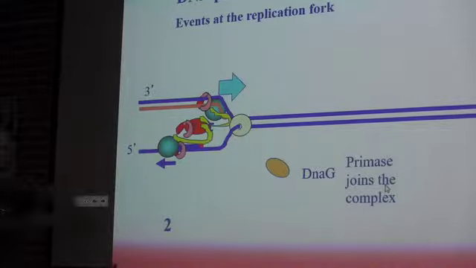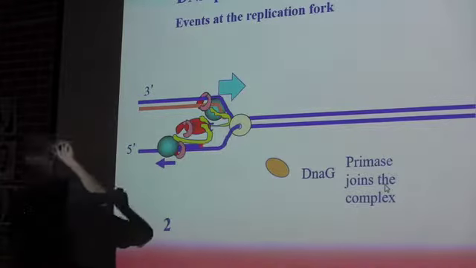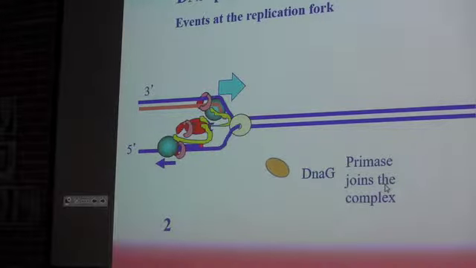Now, what's not shown here is the binding of what? Single-strand binding protein. That is always going to be there because this is a considerable stretch compared to how much you see here. And DnaG is always looking for single-strand DNA and an opportunity to come in here and make a primer.